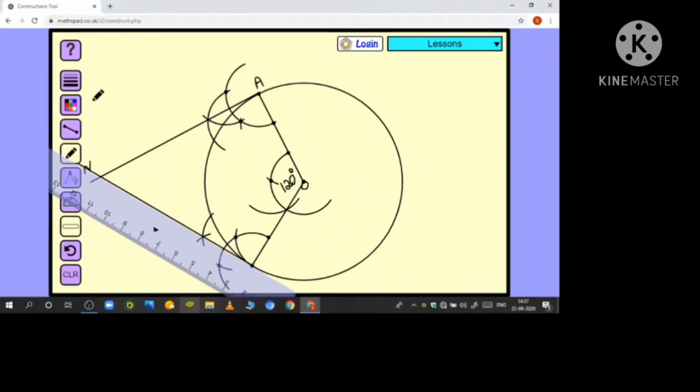A point is obtained. Join C and the point and extend the line segment to get CM. So CM is obtained, which is perpendicular to CO.